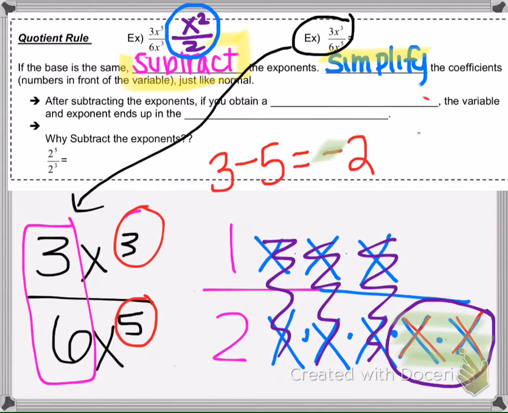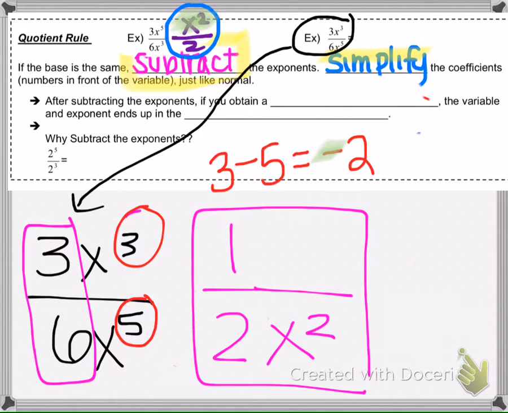To recap that, you always take the top exponent, subtract the bottom exponent, so numerator exponent minus the denominator exponent. If it's positive, it tells you that the variables will be in the numerator. If the answer is negative like this one, it's going to tell you it's in the denominator. So a negative exponent doesn't mean the answer is negative.